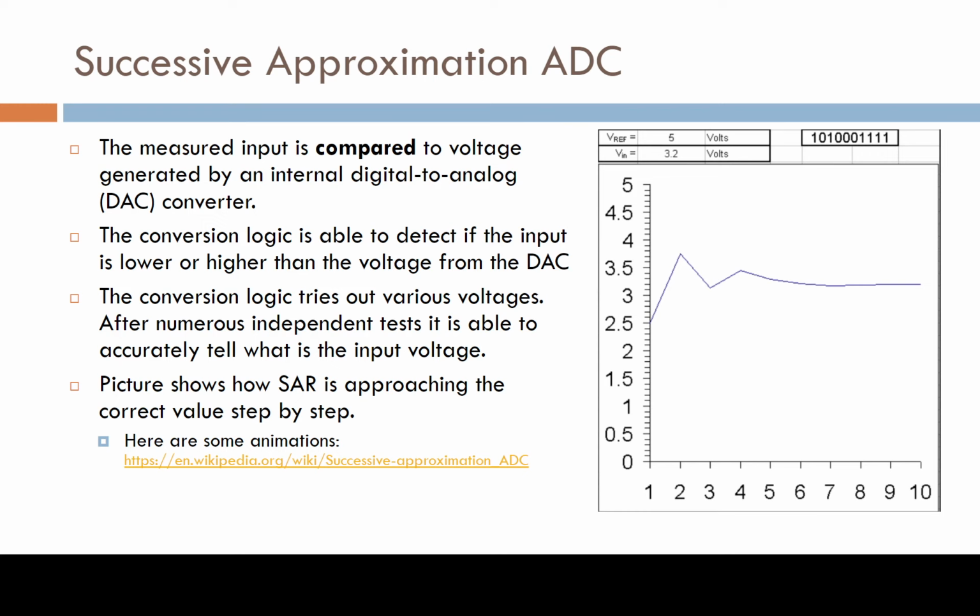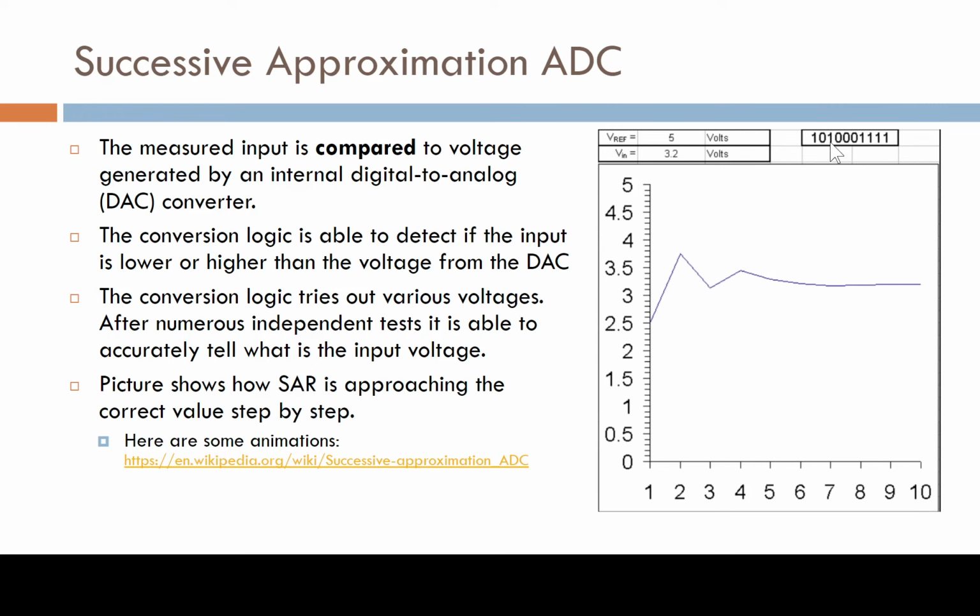So that's 2.5 volts. We are lower than our input. Next, we try if the next bit is 1. That's 1.25 volts more, so we are at 3.75 volts there, which is higher. The comparator says you guessed wrong, go back. And then it goes back and tries the next bit.